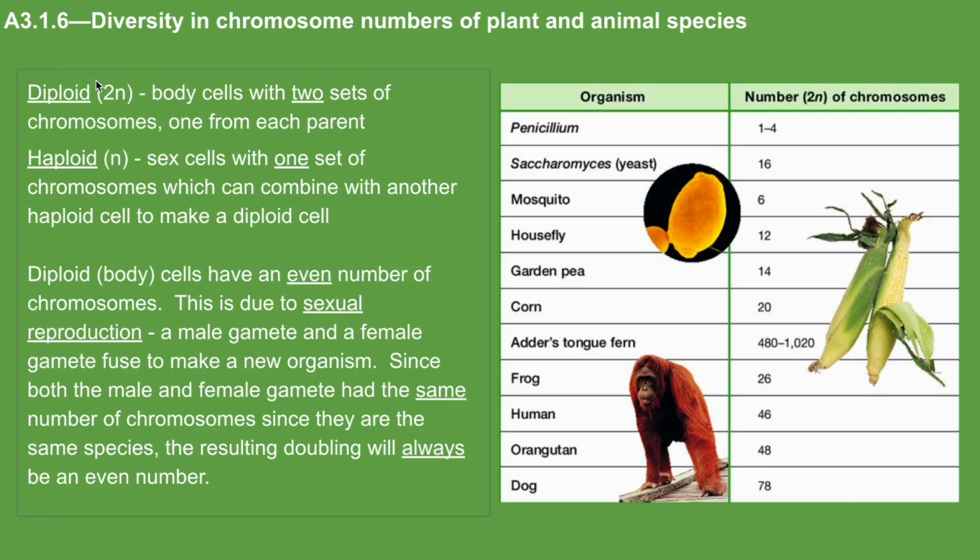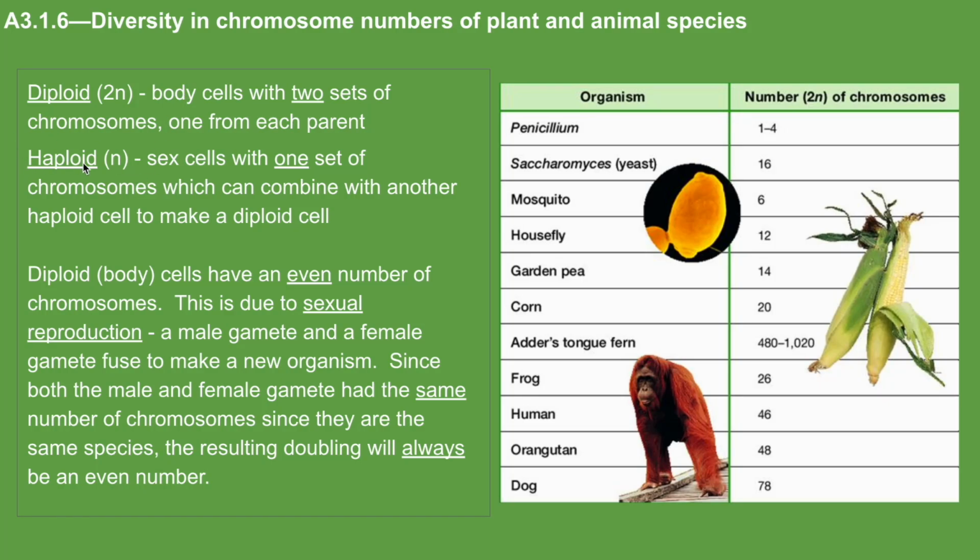Now, we use the words diploid and haploid often. Diploid refers to body cells. These are those cells that have all of your DNA, two sets of chromosomes, one from each parent. And so we say 2N because you have two sets of your 23 chromosomes, so a total of 46. Every cell in your body has that except for our sex cells.